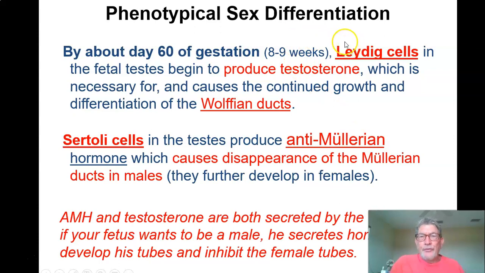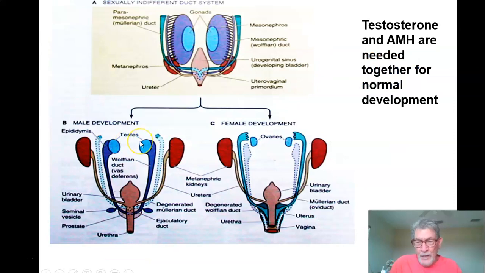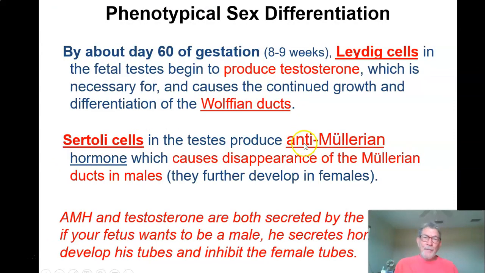Leydig cells start producing testosterone in the male if you're going to be a male, and the testosterone will maintain and develop the Wolffian ducts. You have another set of cells in the testes called Sertoli cells, and they will, in addition to helping you later to make either sperm or eggs, at this point produce something called anti-Mullerian hormone or anti-Mullerian substance, and it'll make the female stuff go away.